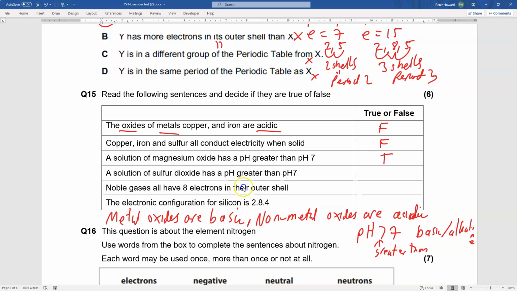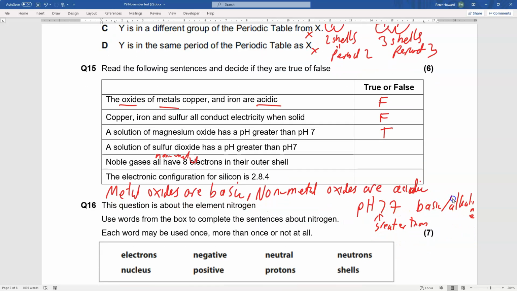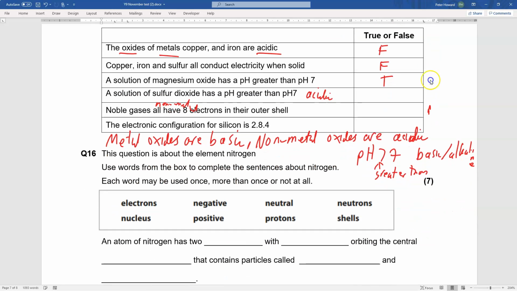Solution of sulfur dioxide, pH greater than 7. Sulfur we know is a non-metal, and we've only said solutions greater than 7 are basic or alkaline. So sulfur dioxide, non-metal. Non-metal oxides are acidic, so we could write the word acidic, and that means pH less than 7.